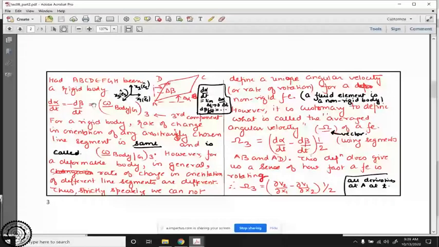And mind you, I have used a new symbol here, d alpha dt and d beta dt, but they mean what I have written in the black box here.